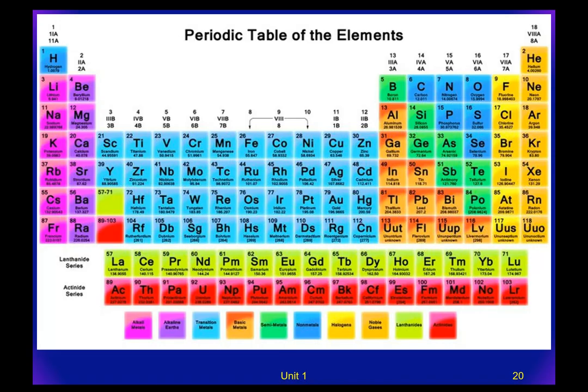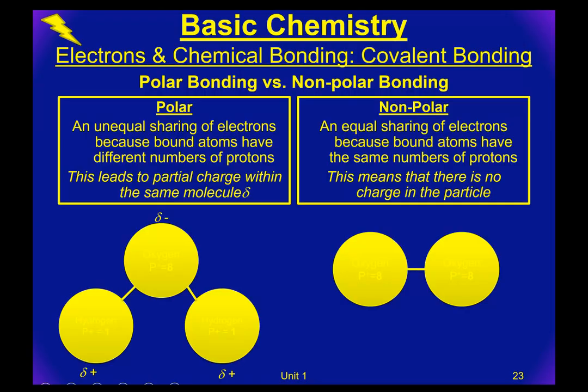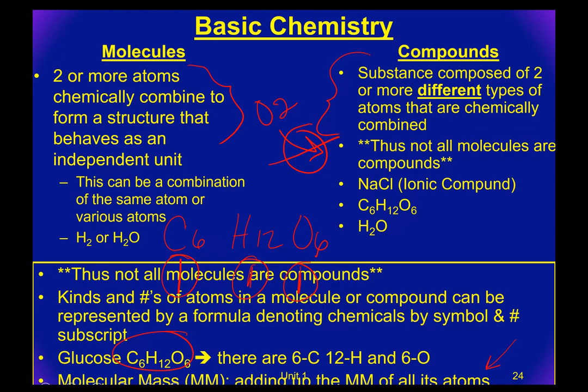Okay, so how many carbons do I have in this molecule? I have 6, right? So it would be 12.011 times 6, plus hydrogen. I've got 12 of them, at 1.0075 times 12. I'm sorry, guys.